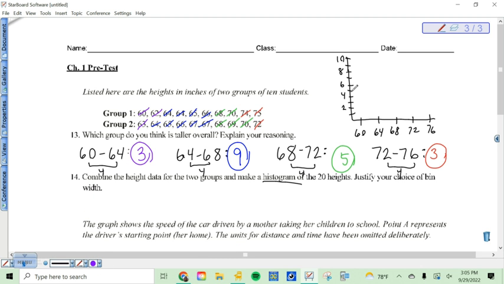So 60 to 64 goes up to 3. 64 to 68 goes up to 9. 68 to 72 goes up to 5.